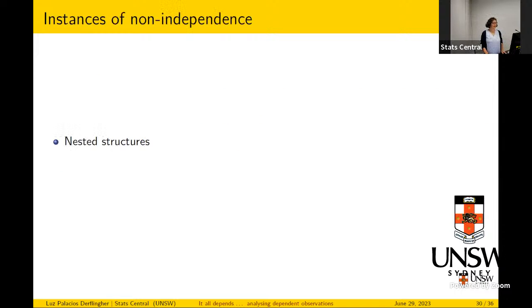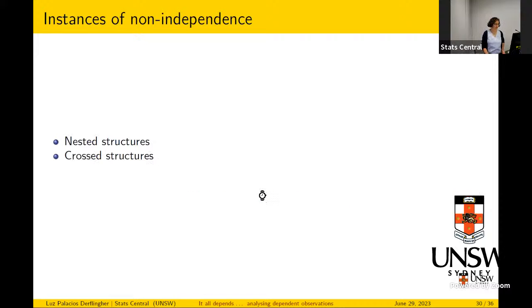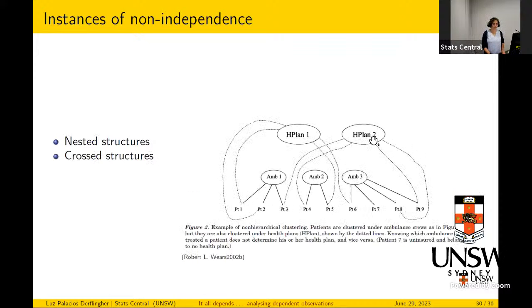And here I will provide some instances of non-independence. We have nested structures. So here what we have is patients inside ambulances and then ambulances inside of departments. I think that is called that in this paper. So that is a nested structure. But also we have cross structures where we have patients inside of ambulances, but also patients that belong to different health plans.